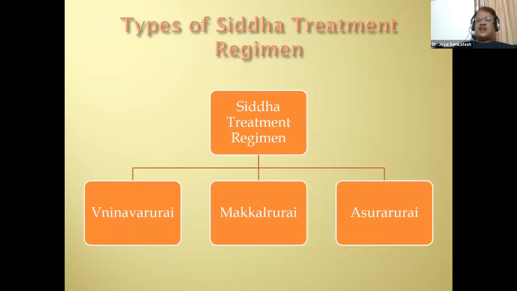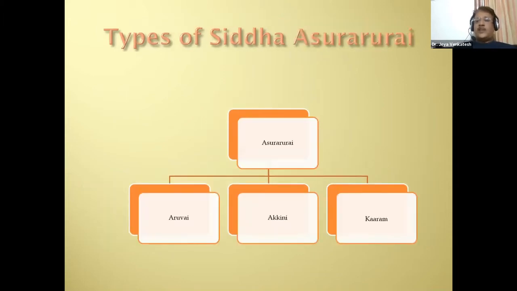That is the treatment regimen based on Vinnavar Urai, Makkal Urai, and Asurar Urai. In Asurar Urai, we have Arvai, Agni, and Karam. Arvai means surgical procedures, Agni means cauterization, and Karam means applying some corrosive medicines at the affected area.